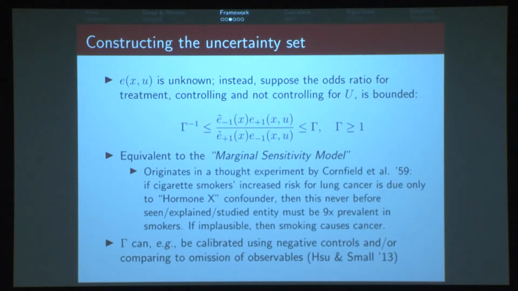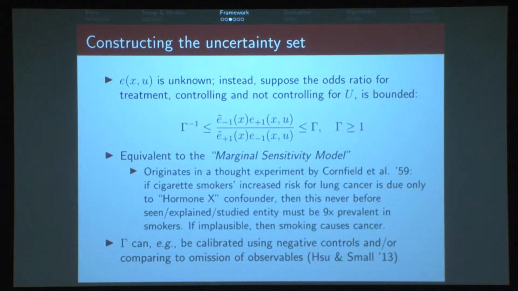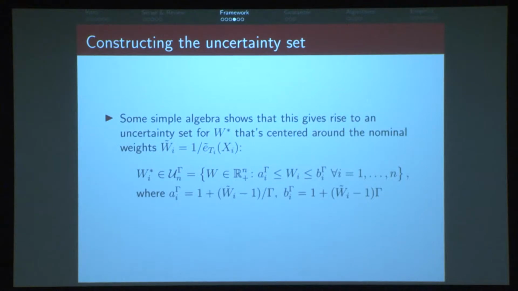Okay, so there's a few ways to calibrate gamma. In the end, I'm actually going to talk about a data-driven way to do it, because here we're actually dealing with an objective value and a decision. But let's just take this model to be true for now. And if you do some algebra, you can see that it immediately implies an uncertainty set for these true weights W star, the weights that we would have wanted to put into our IPW objective.